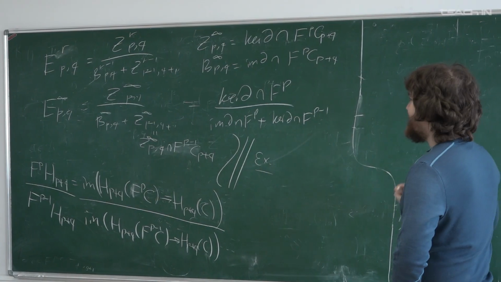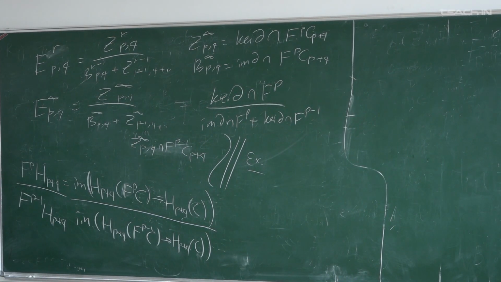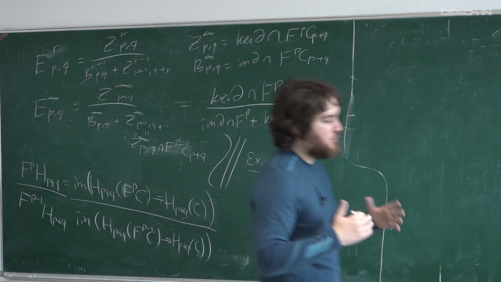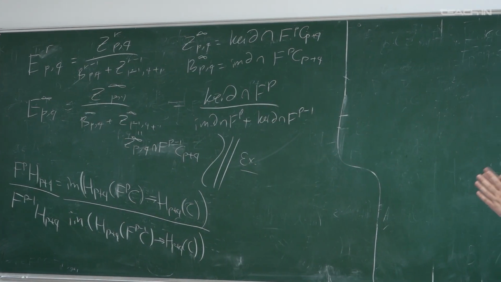Example. Consider a chain complex with the shortest filtration possible. The shortest filtration is the chain complex itself, of length 0.